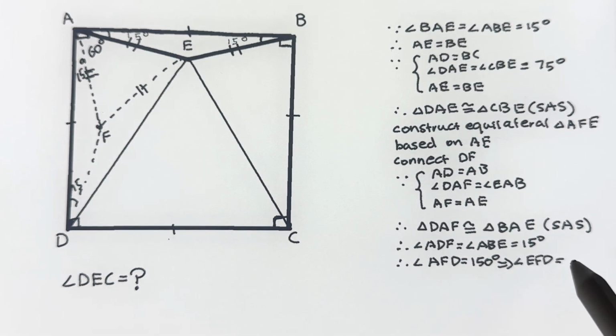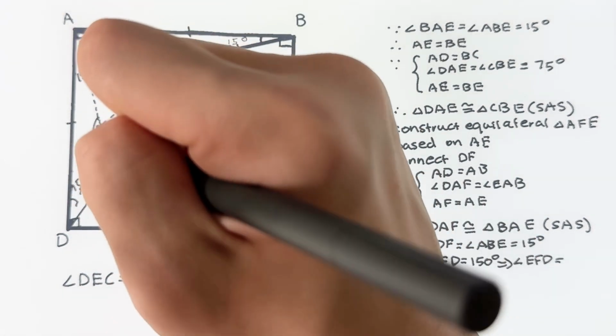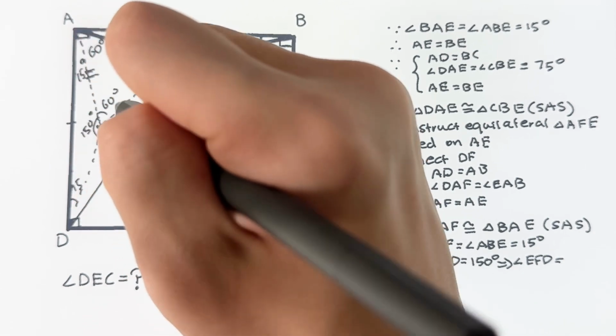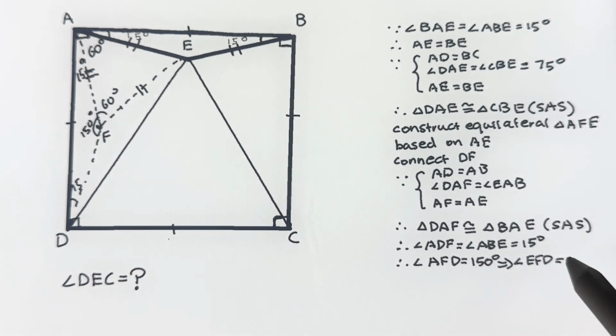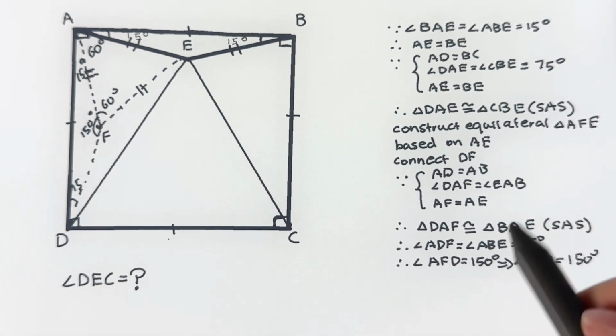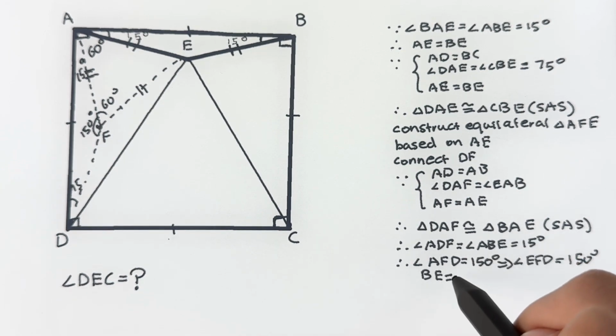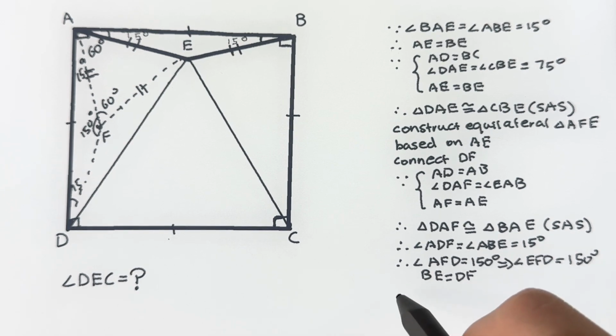The angle AFE is 60 degrees, and this entire thing makes up 360 degrees, which will mean that angle EFD equals 360 minus 150 minus 60, which is 150 degrees. And then from the congruence, we also got that BE equals DF. So we can prove another pair of congruent triangles.